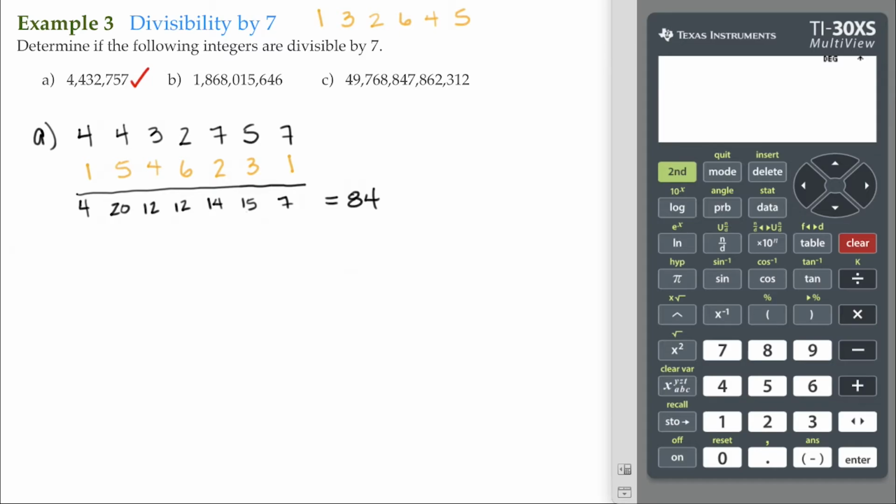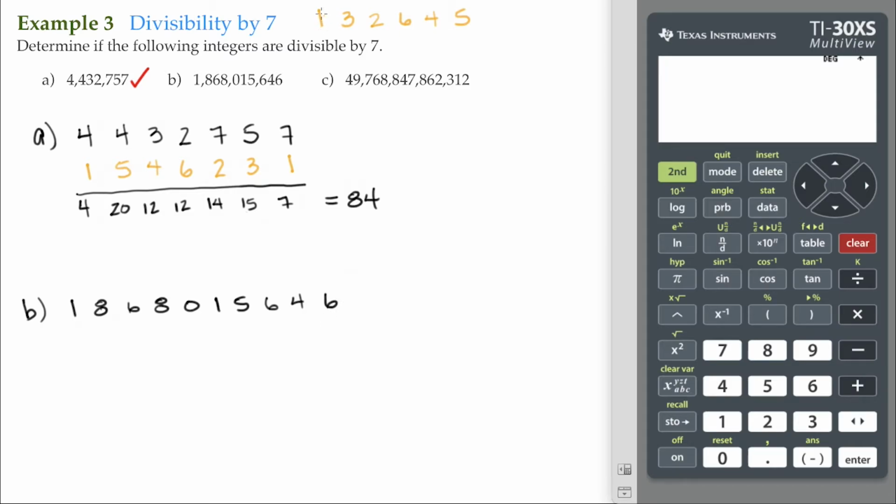And we'll do the same process for B. I'm just going to write out the digits here. 1, 8, 6, 8, 0, 1, 5, 6, 4, and 6.